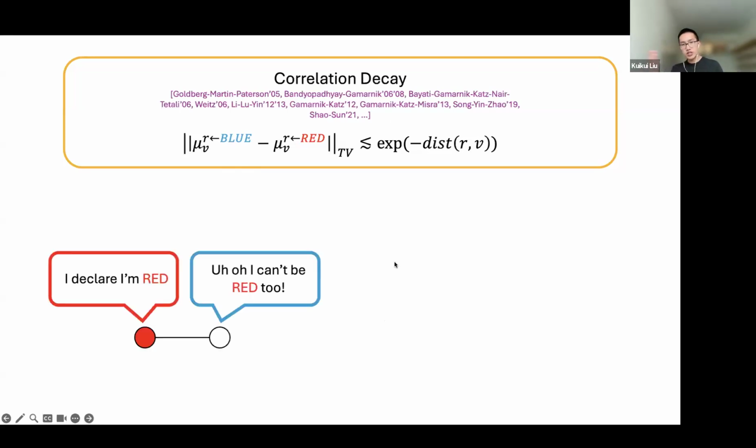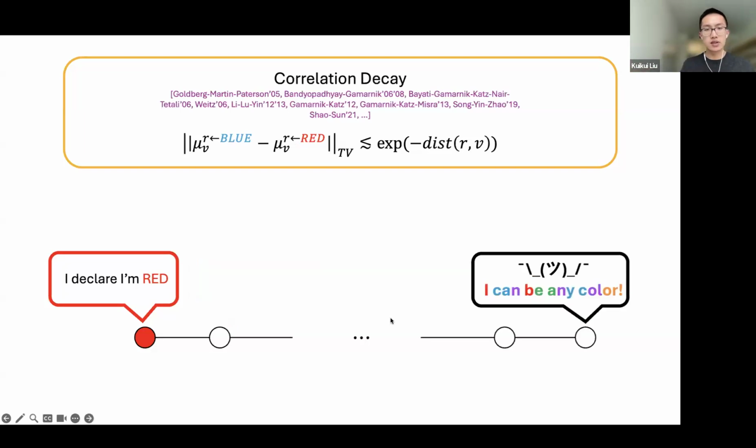Roughly, the picture is as follows. Imagine I have two vertices which are neighbors of each other, and I know one vertex is colored red, let's say the one on the left. Then I know the vertex on the right cannot be colored red, because these two vertices are connected by an edge. So neighboring vertices are going to have very strong influences on each other.